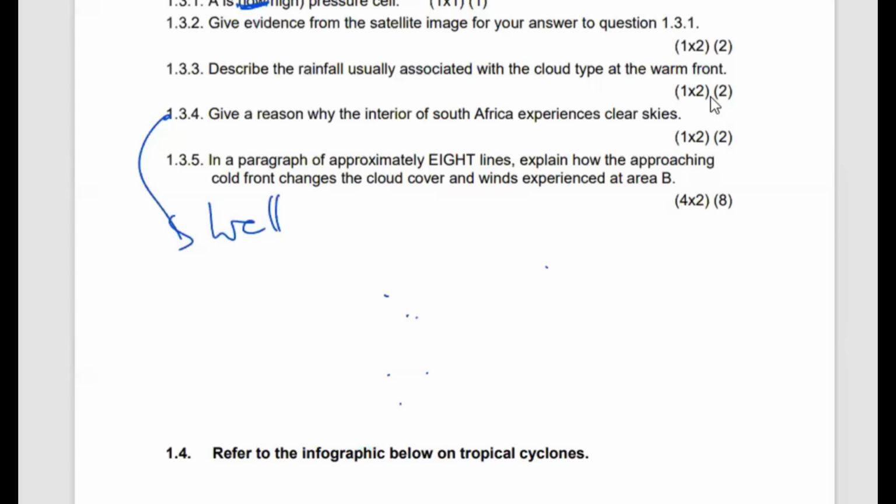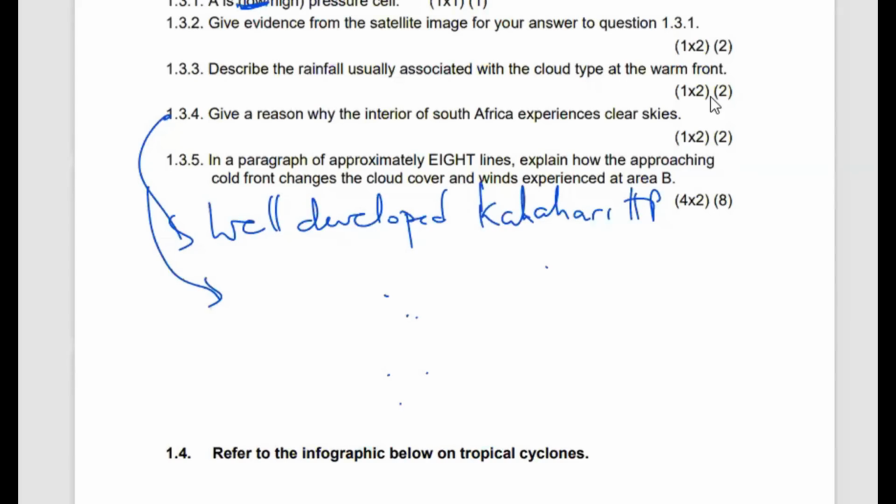It is because of a well-developed Kalahari high pressure cell. If the Kalahari high pressure cell is well developed, it causes clear conditions. There will be strong subsidence, there will be strong sinking air, meaning to say chances of cloud formation are very limited and there will be clear skies over the interior. Right, that is one dominant reason.